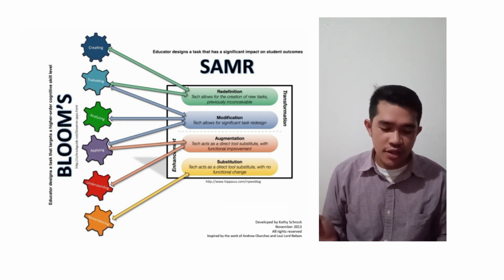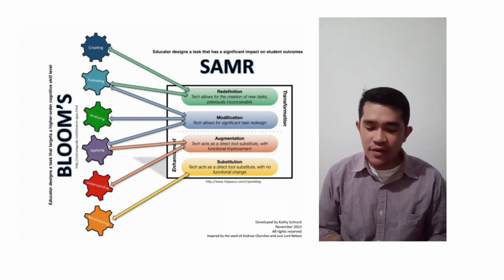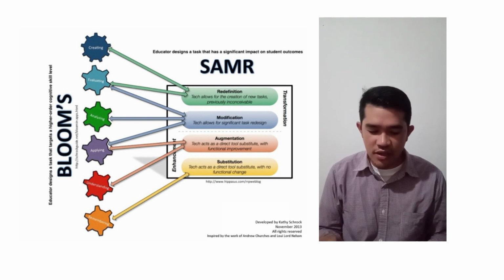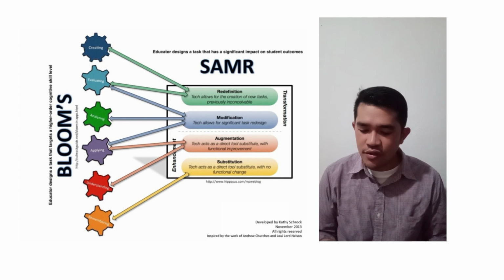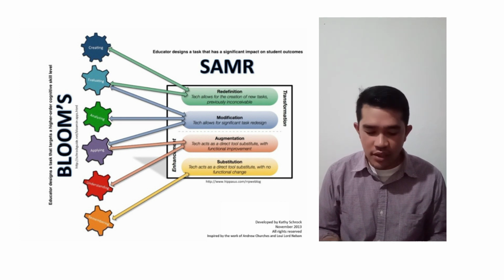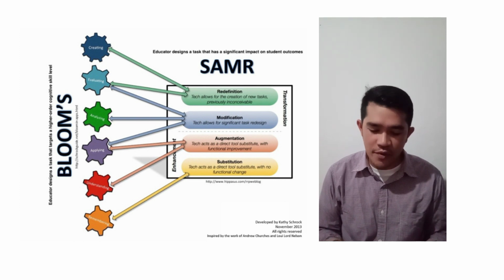This image was created by Kathy Schrock in 2013. She took the SAMR model, substitution, augmentation, modification, and redefinition, and compared it with Bloom's. So if substitution is our bottom level, it's going to go with remembering.